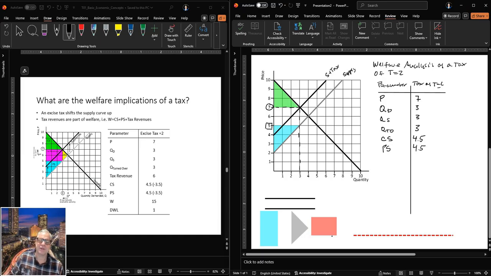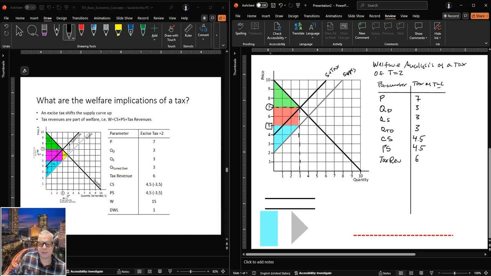Okay, but now we have this gap in between here. Well, this is what the government receives in tax, because we turn over 3 units in the market, but each unit generates a tax of 2 to the government, so we get tax revenues of 3 times 2, which is this area here. So this red area is the tax revenue, and that is 6.